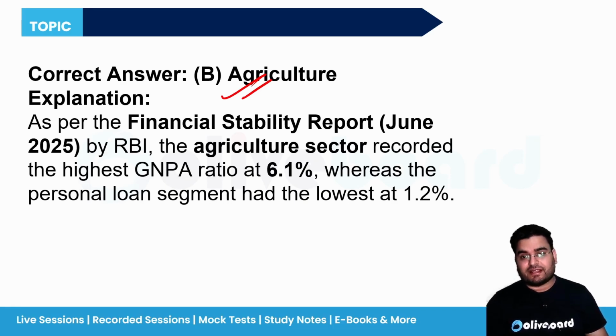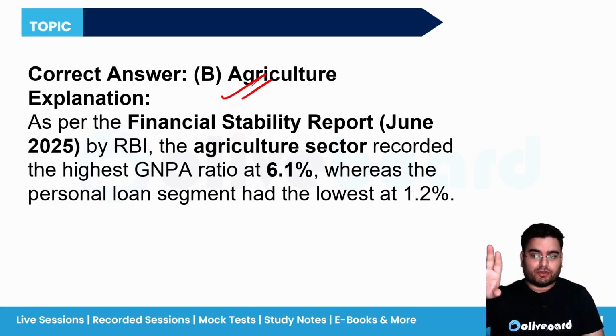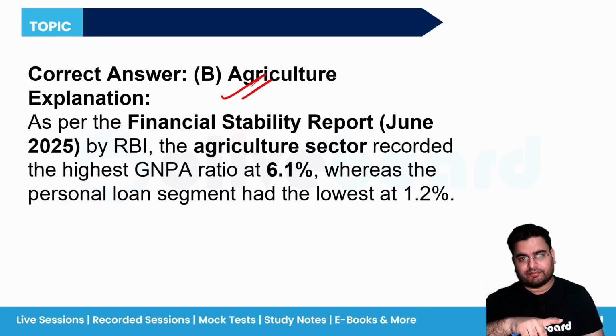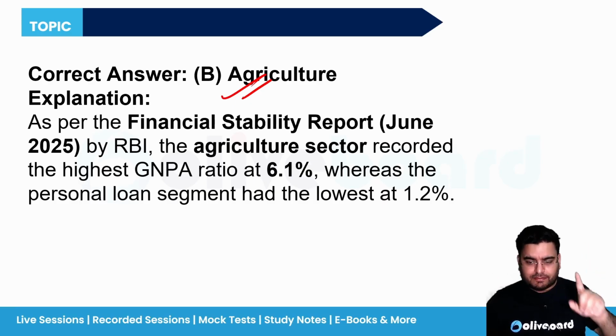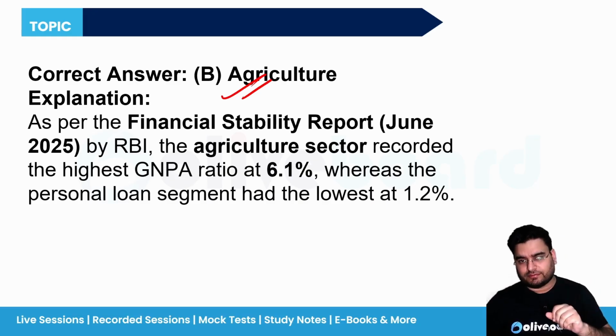That's why, and see, in India it is not because more people are employed in agriculture. That is not the reason for this NPA. NPA means what? For example, I have taken a loan from a bank and I am not returning the EMI or the installments. So, in India, the major problem is that our agriculture is dependent upon monsoon, and we can't predict monsoon. Today it might rain, tomorrow it might not rain, for the next 5 days it might not rain.